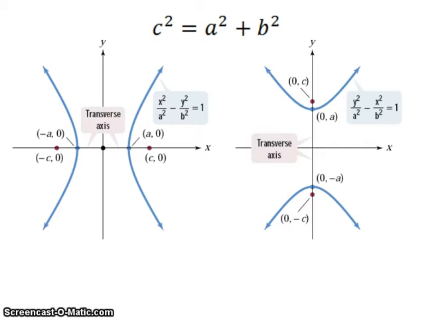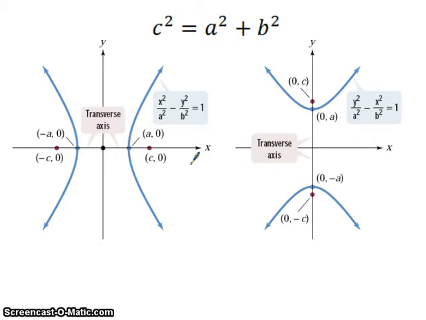So, we're going to look at a hyperbola with the transverse axis on the x-axis and a hyperbola with the transverse axis on the y-axis. If the transverse axis is along the x-axis, then the x squared is going to be over the a squared, and the b squared is underneath the y squared.